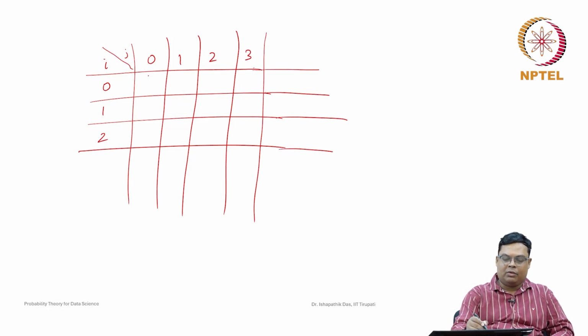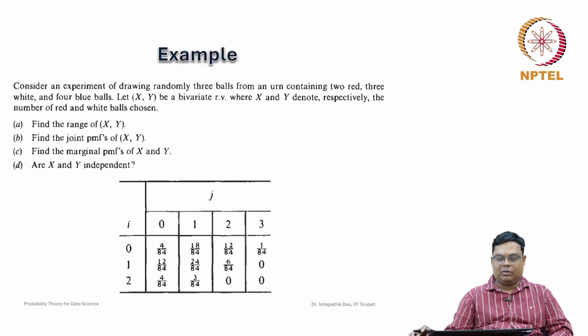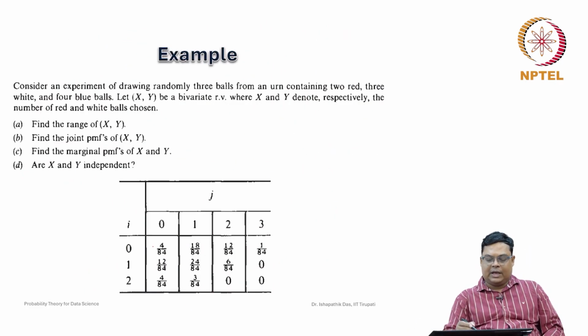For 0 0 we found this is 4 by 84, and this is 18 by 84. Similarly you can get the other values. You can see that 0 0 is 4 by 84, 0 1 is 18 by 84, 0 2 is 12 by 84, and 0 3 is 1 by 84.